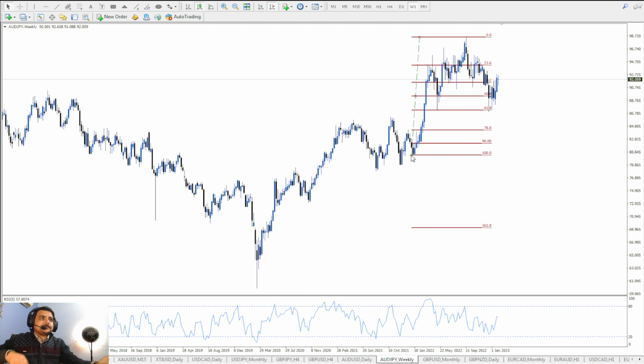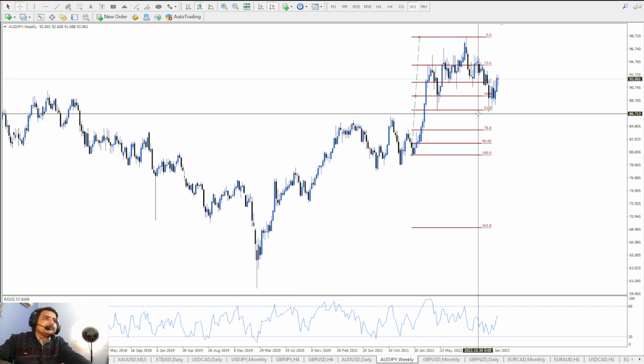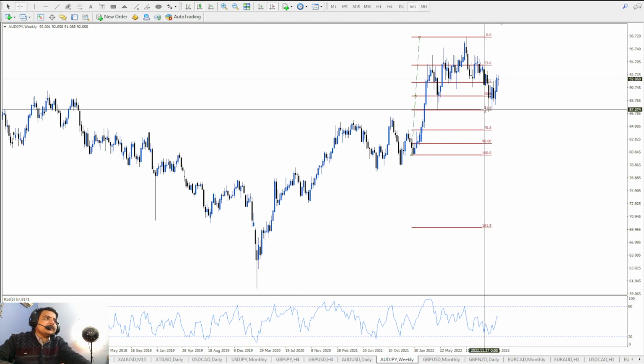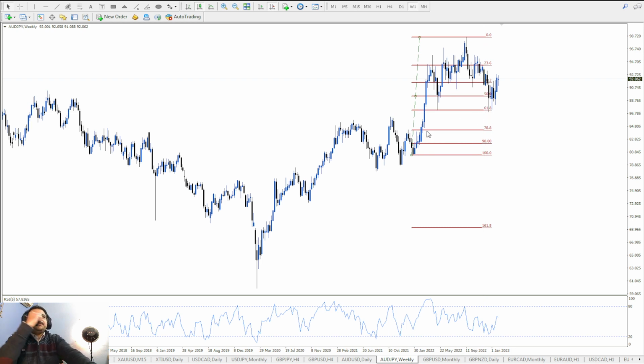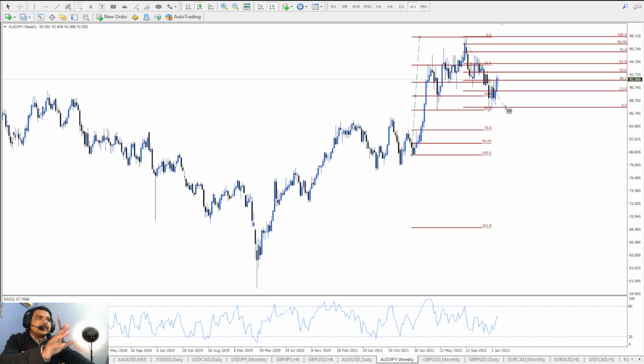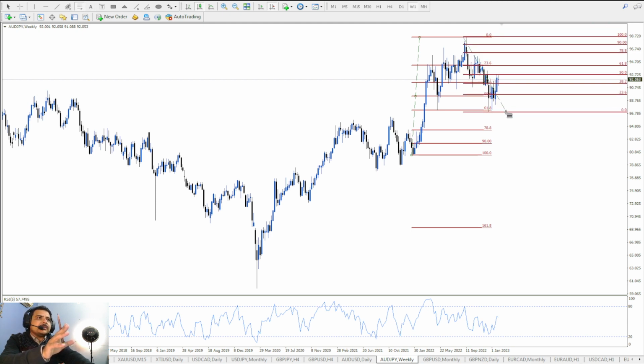Okay, so 61.8 at a price level of 87. Now, if on the weekly it bounces off from the 61.8% retracement, my Fibonacci strategy says to try to look for the reverse 61.8% retracement.